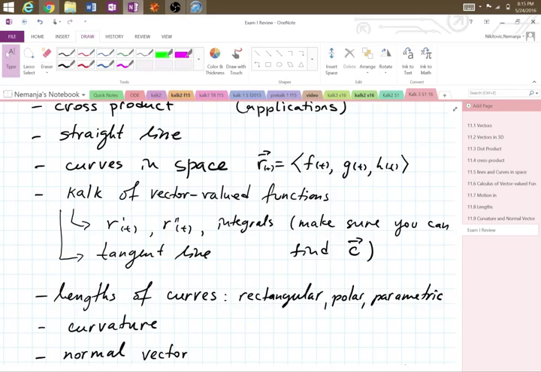Lengths of curves, you need to know all 3 formulas. The rectangular formula, which was the square root of 1 plus f of x prime squared dx, was taught in Calculus 2. We only expanded on the parametrization equation and the polar equation, so those 2 in addition.